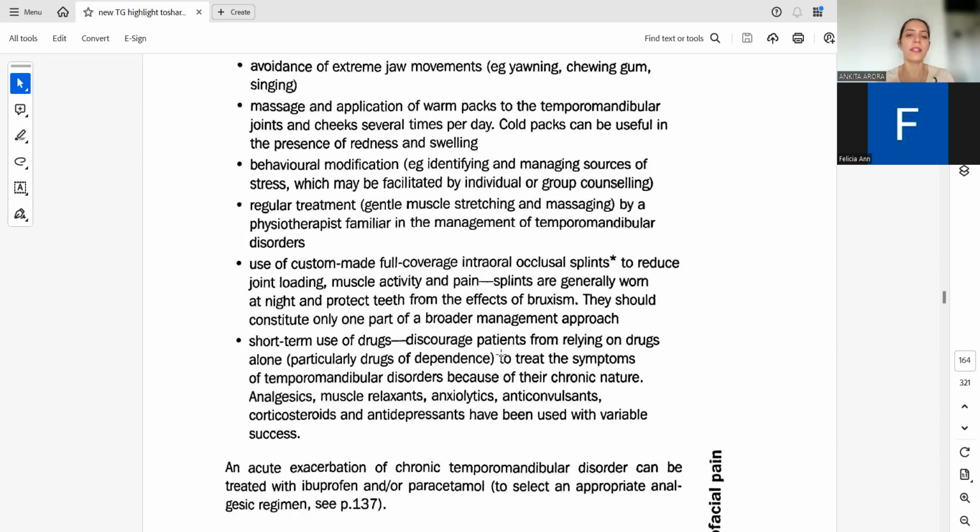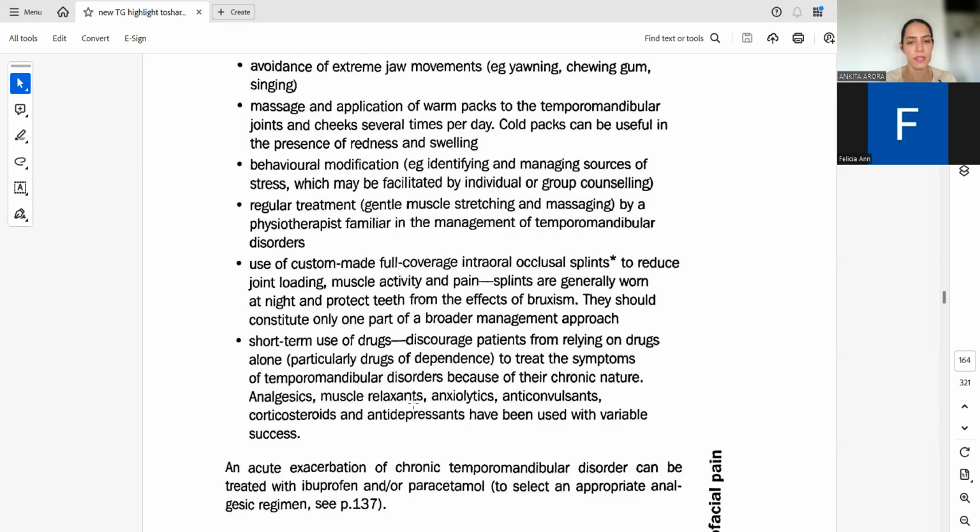We usually discourage patients from relying on drugs alone, particularly drugs of dependence, which are used to treat acute symptoms of temporomandibular disorders because of their chronic nature. They are not like core dental pain, which can be controlled by NSAIDs. TMD patients are usually given chronic painkillers, and they have a tendency to make the patient dependent.